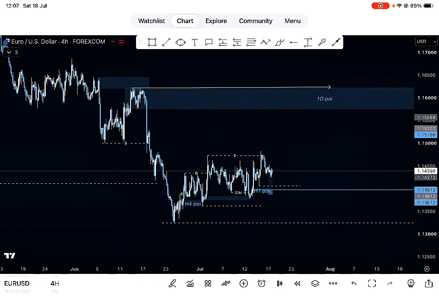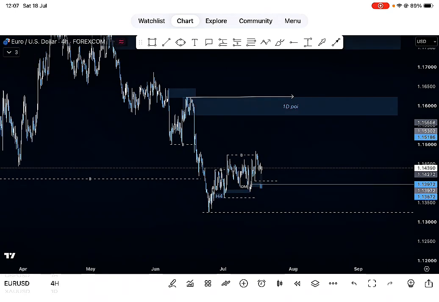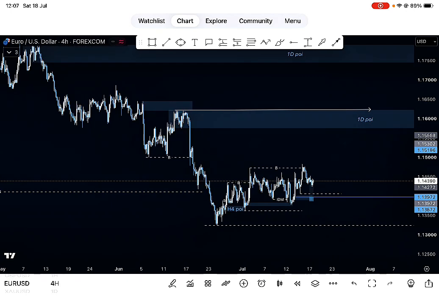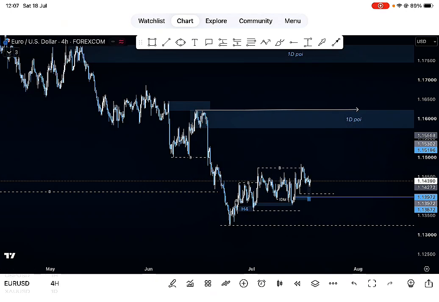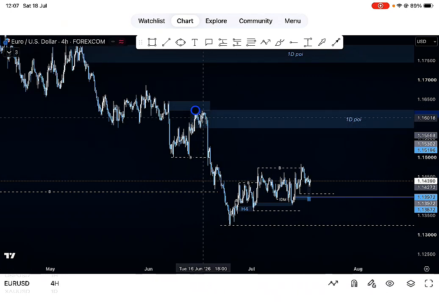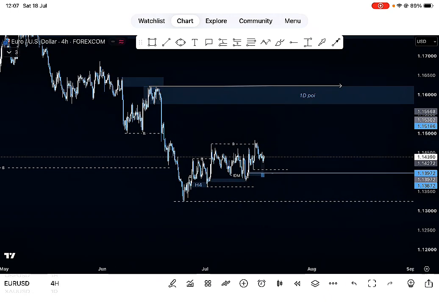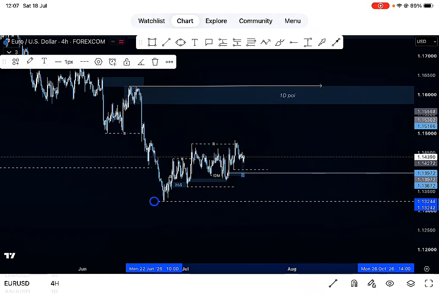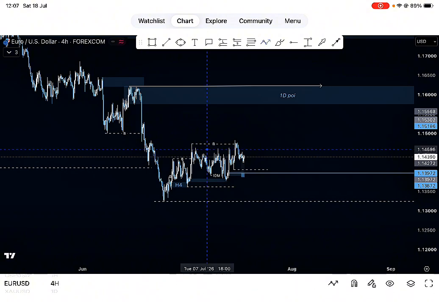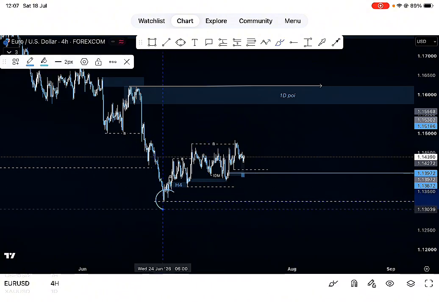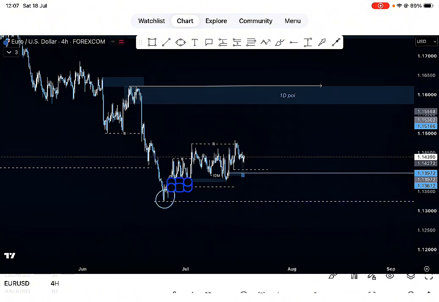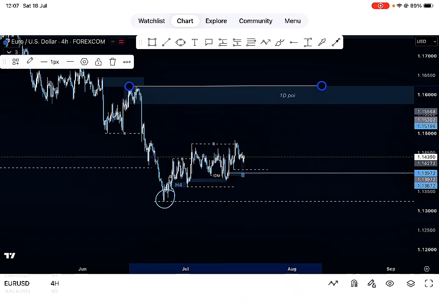So the H4 is bearish, as we can see, and this was the last high of the H4 that led to this low, that led to this low. You get, this was the last high that led to this low.